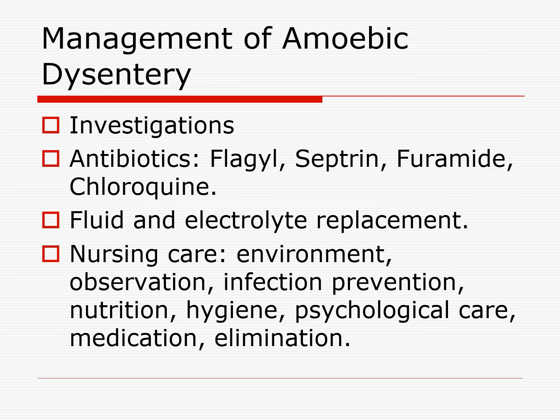Monitor stool for amount, consistency, and color and report. Observe for any signs of dehydration such as loss of skin elasticity, sunken eyes, thirst, and dry mucous membranes of the mouth. After you are done with the observation, then you need to look at infection prevention.